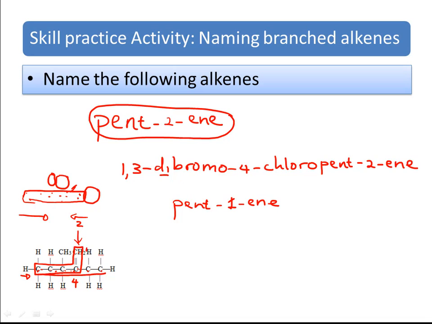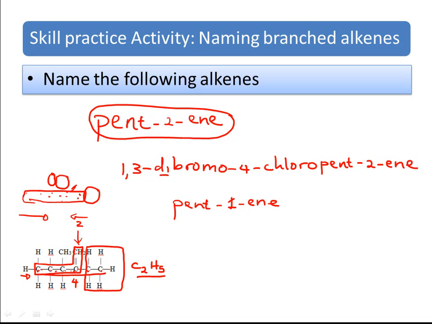And we have got side chains here. So what you do if you're given a displayed formula, just group everything and write it as a molecular formula, like C2H5. So C2H5, we know that the prefix for 2 is eth, right?